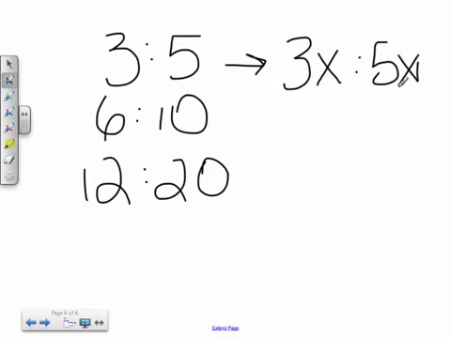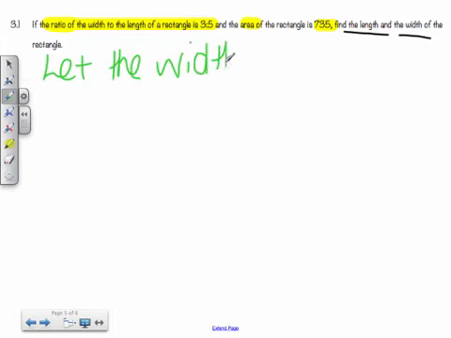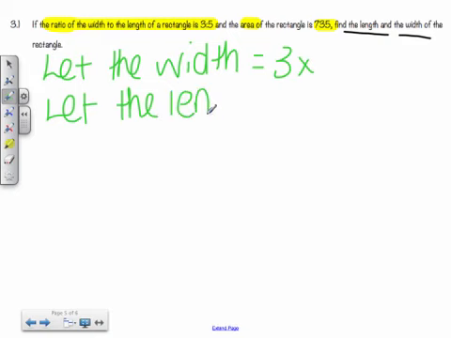All right, so that means that when I write my let statements, they're going to say let the width equal 3x, and let the length equal 5x.